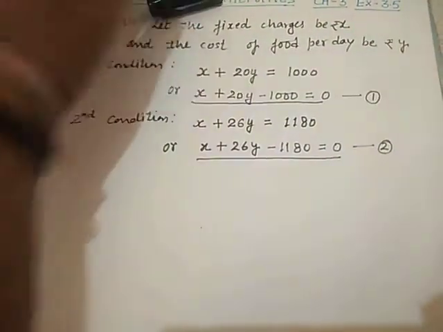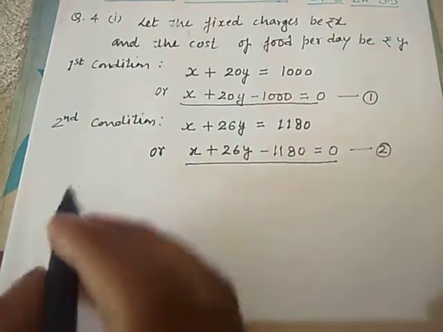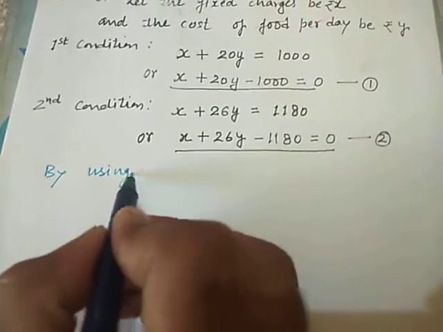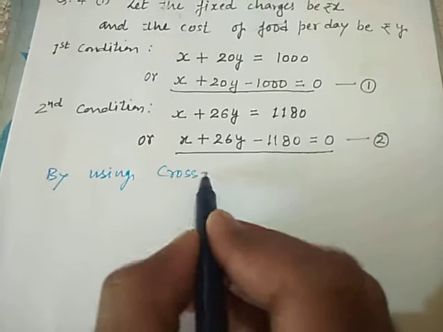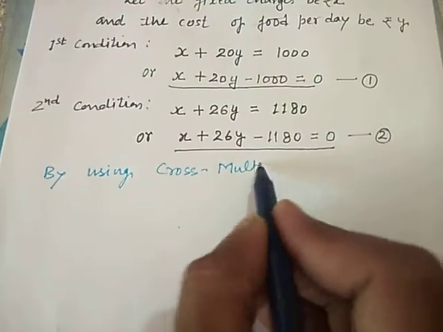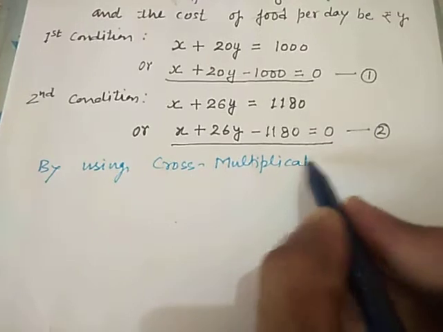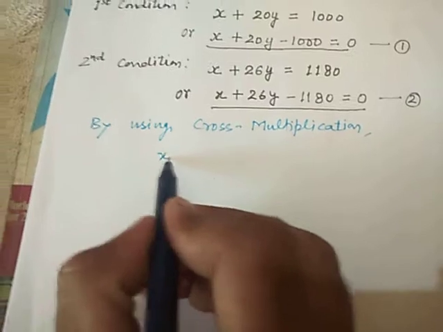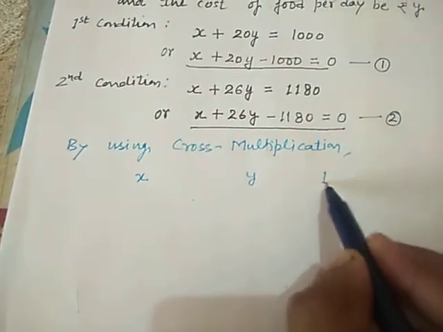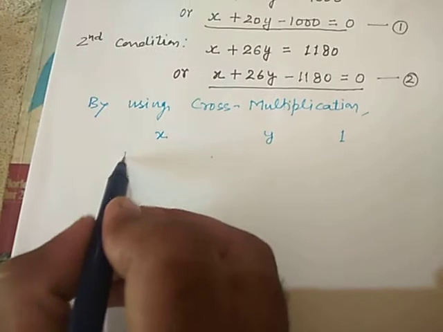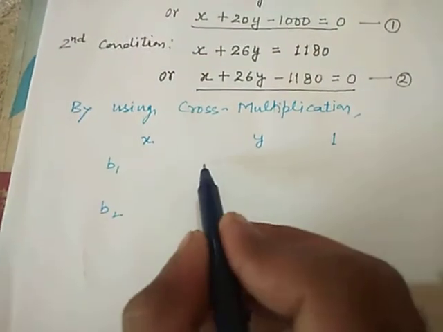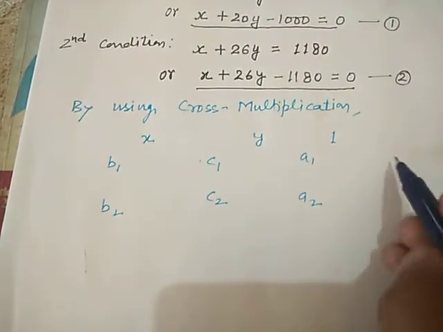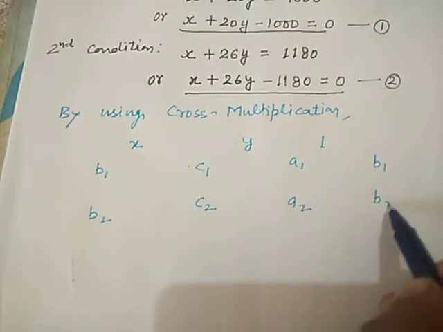We can use our cross multiplication method. We can write it as x, y, 1. We know that b1, b2, c1, c2, a1, a2 and b1, b2.